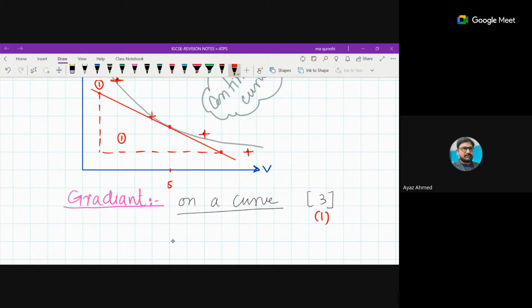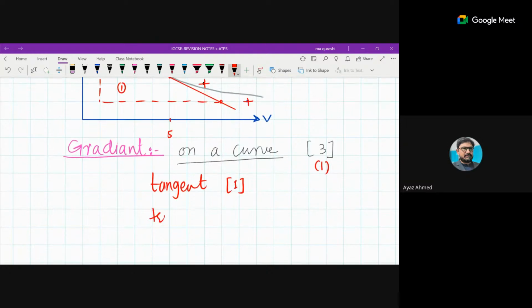So first draw the tangent, 1 mark for tangent. Second, 1 mark for triangle, and then 1 mark for correct calculations.